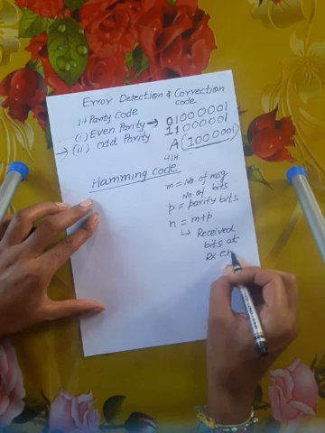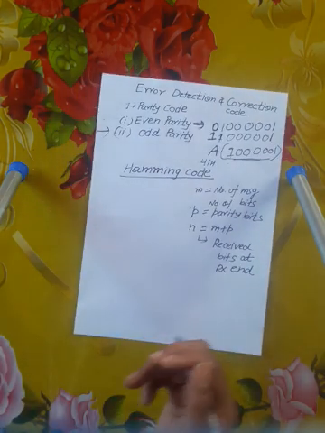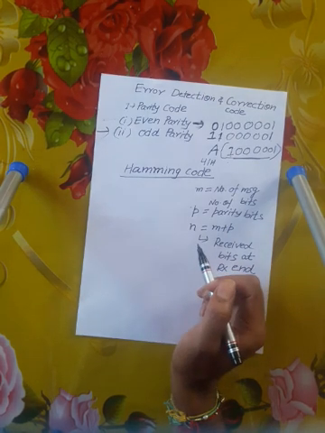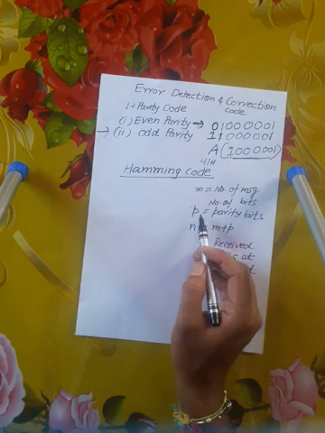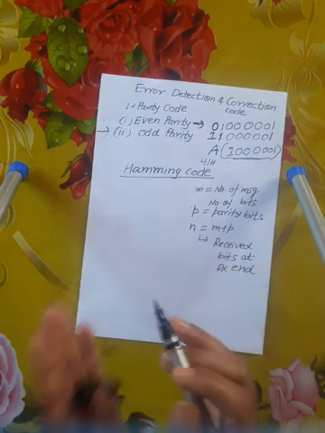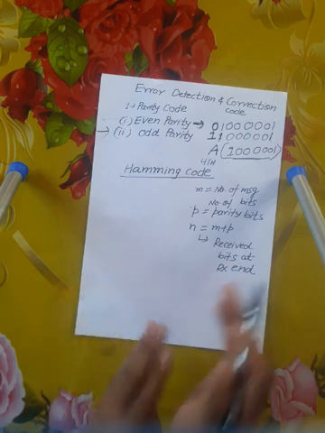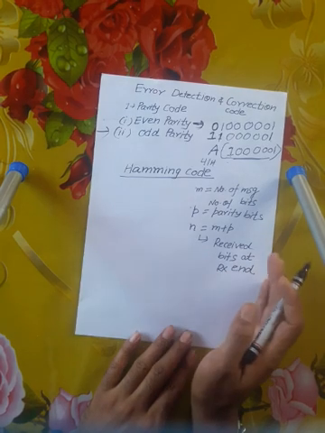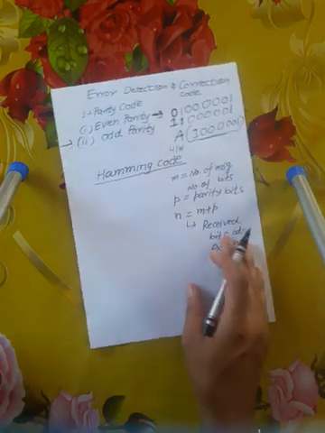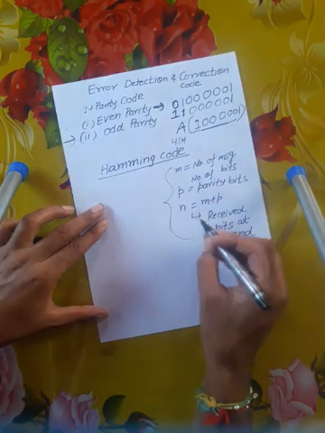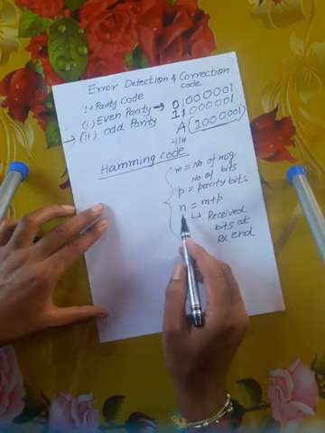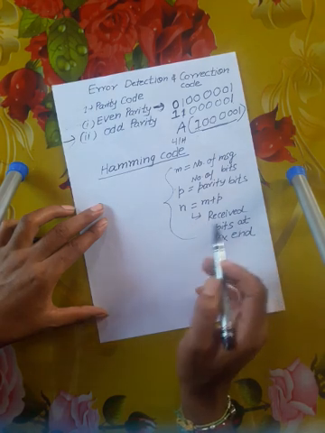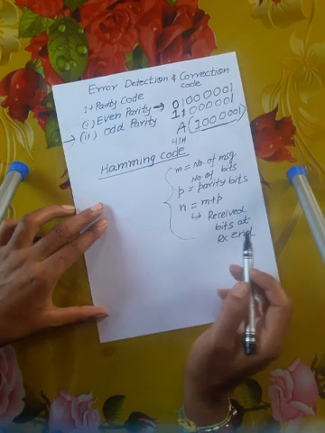What we do is, along with the message signal, we add parity bits and transmit it from transmitter to receiver, and at the receiver end we check for even parity or odd parity. And this is your formula: N equals M plus P. N is the total number of received bits at the receiver end, M is the number of bits of the message signal, and P is the total number of parity bits.